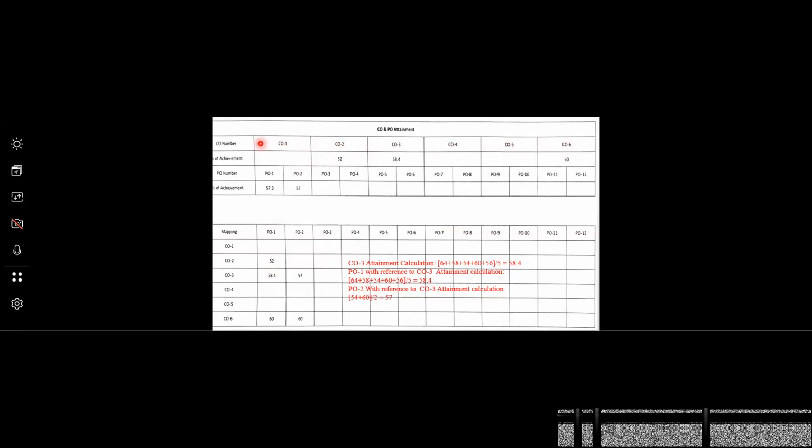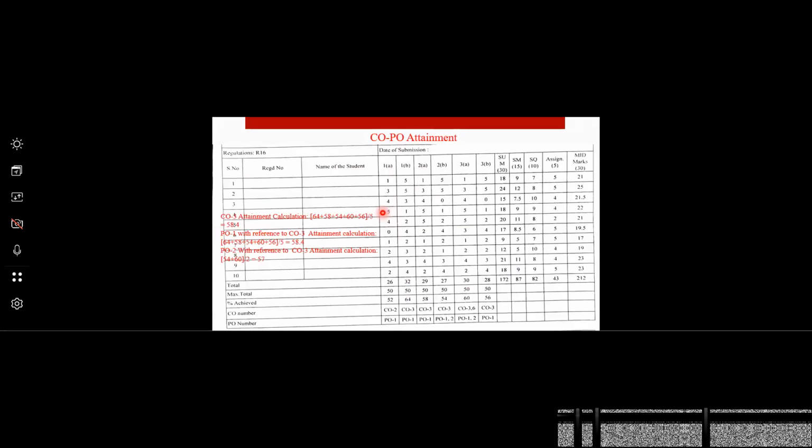Percentage of achievement: see, in the second column, CO2 is 52%, and CO3 is 58.4%. I will tell you how CO3 is calculated. Go back to the previous slide. CO3 is there in 2A.